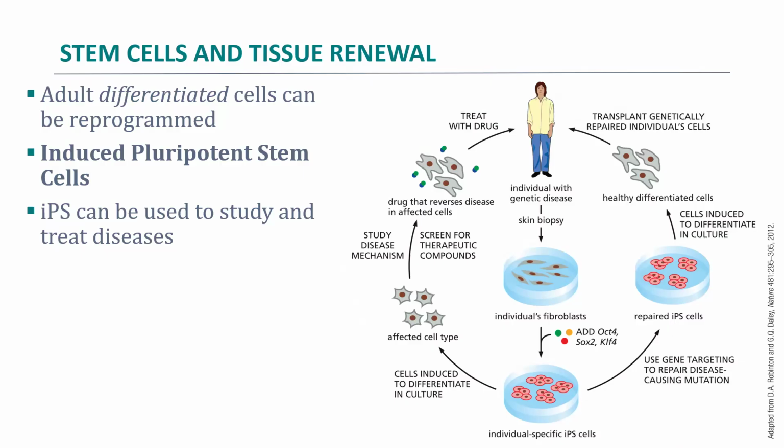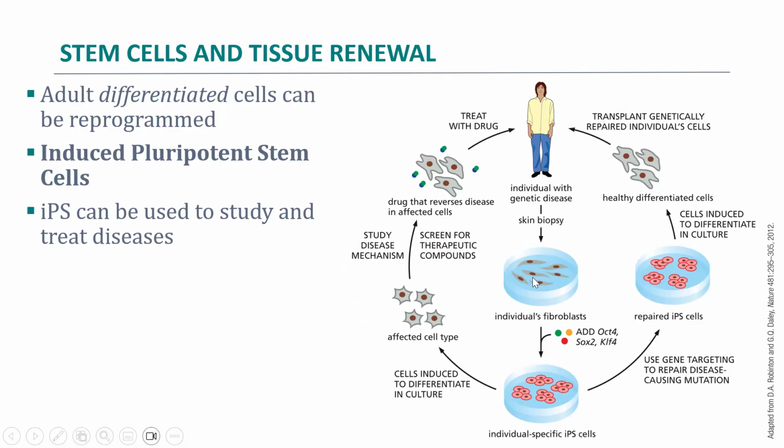And so again, we can use these cells to study and potentially treat diseases. What do I mean? So let's say that I have an individual that has one aspect of a genetic disease. I can take a skin biopsy of this. Doesn't mean that that's because that's where the disease is. It could be. But I can take a skin biopsy and I can culture these inside of a dish.